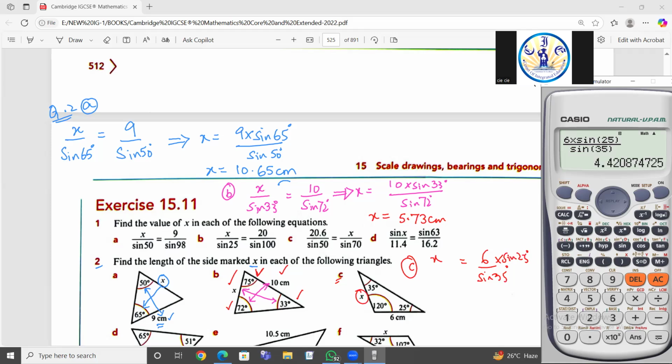Make sure that when you are using your calculator, it is in degree mode. So this is the answer to part C.